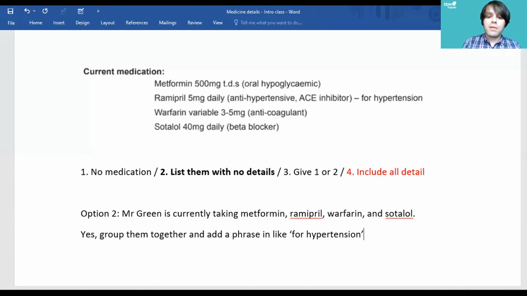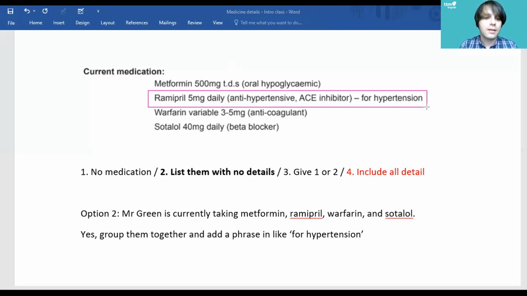Let's imagine now, though, that instead of this, we decide it's option 3. Okay, so I'm thinking my reader wants... sorry, Han, what are the hypertension ones again? Ramipril and sotalol. So these ones are for hypertension, guys, is that right?